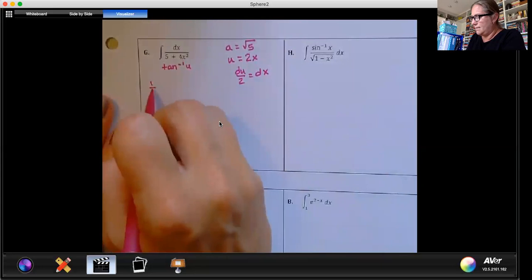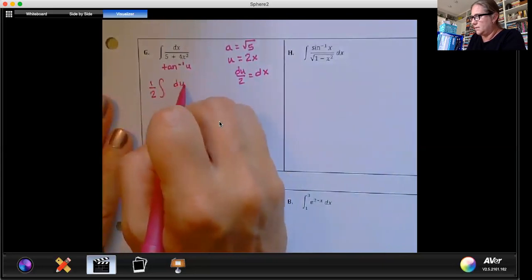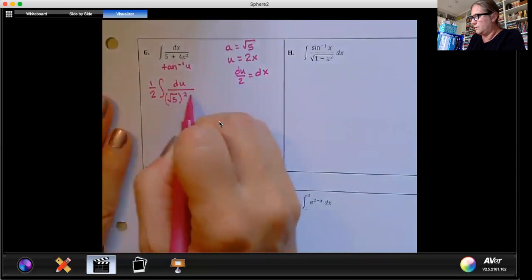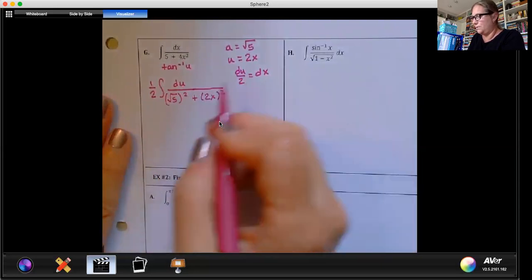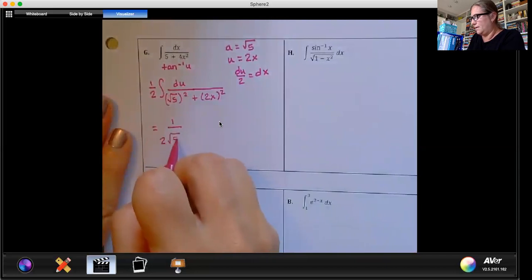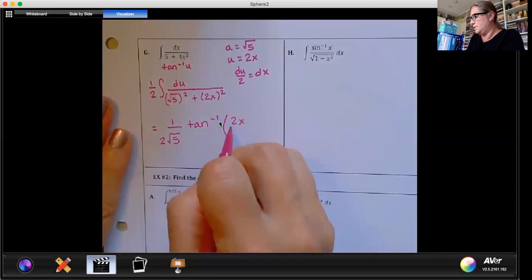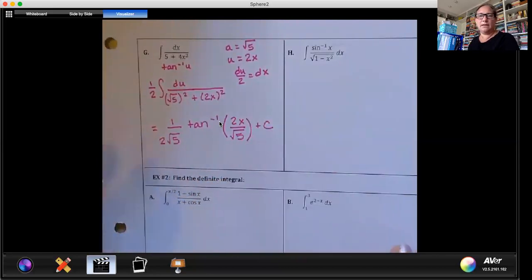So we're going to rewrite this as 1/2 antiderivative of du over the square root of 5 squared plus 2x squared. There's your a and there's your u. Answer: 1 over 2 square root 5 inverse tangent 2x over square root of 5 plus c. Take a look at those formulas on the front if you need help with that one.